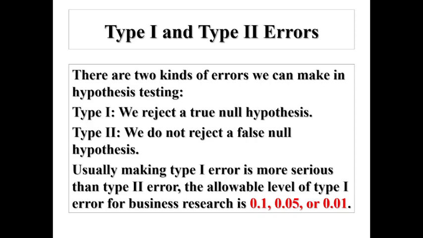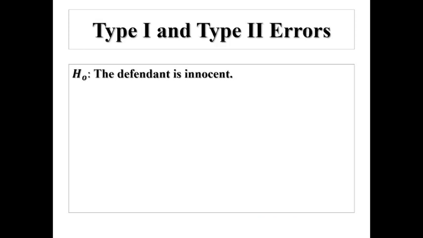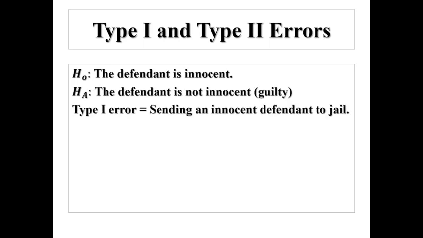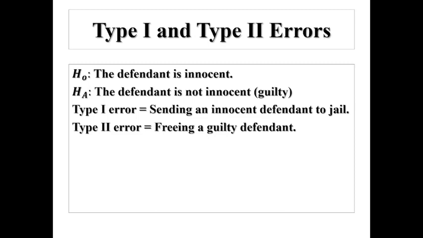So this is one. Let me show it here. Type 1 error turned out to be sending an innocent defendant to jail. Type 1 error means rejecting the true null hypothesis. He is innocent, but you reject that A is innocent.